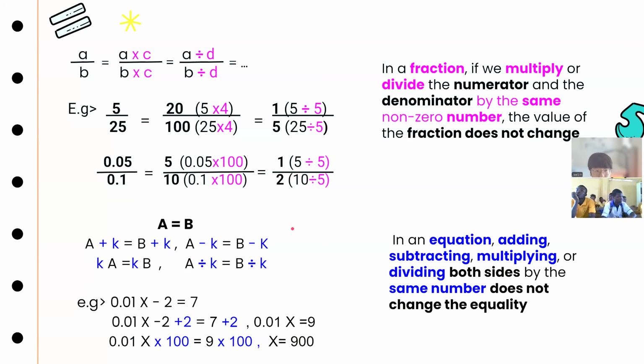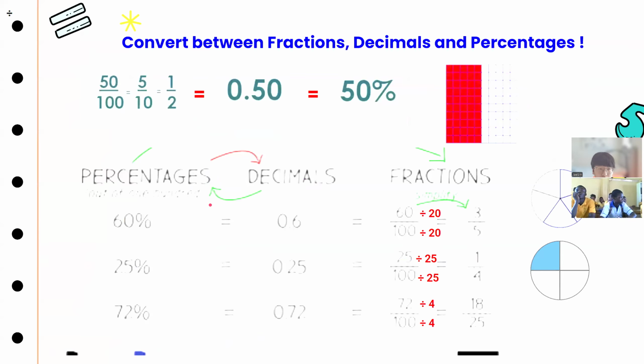So I think here is a clearer slide where we explain the conversion between fractions, decimals, and percentages. You would need to know how to convert between fractions, decimals, and percentages. So this is a fraction, 1 over 2 or 5 over 10, 50 over 100.